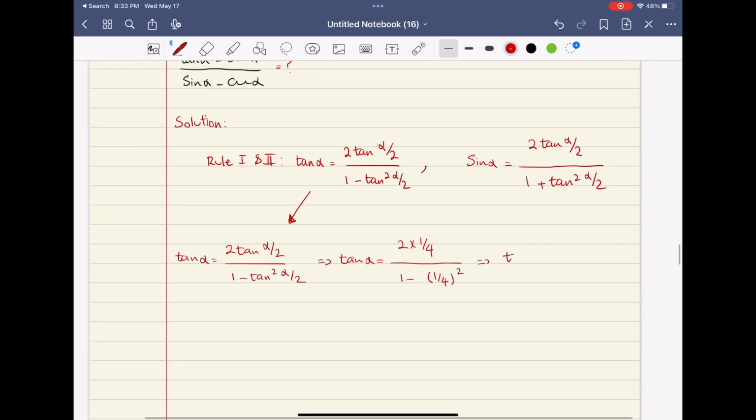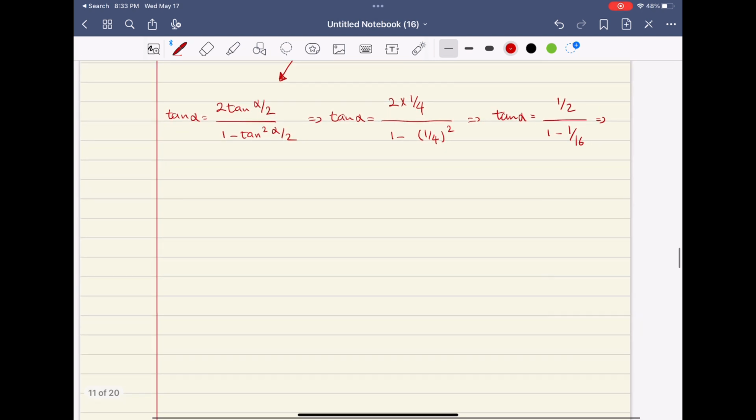This will be equal to 1/2 over 1 minus 1/16. So then tan α would be equal to 1/2 over 15/16. And the answer would be equal to 8/15.